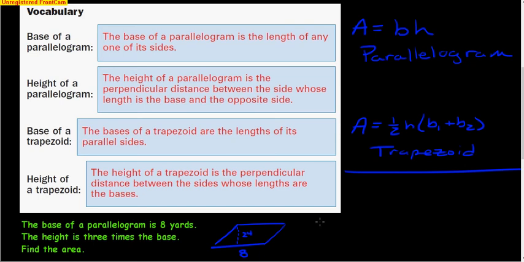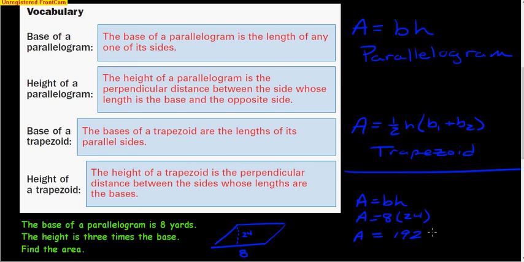Okay, and I want to find the area of this, so I'm going to start with the area of a parallelogram equation. And like I said, I'm just going to plug in what I know. I know the base is 8, and I know the height is 24. So I'm going to plug them right in there and just do the math over here. So 8 times 24, let's see, that's going to be 192.